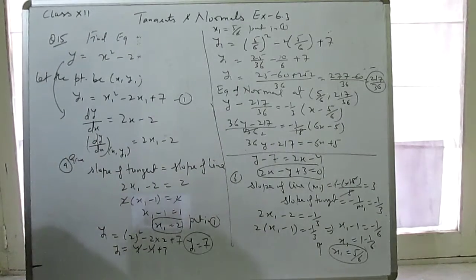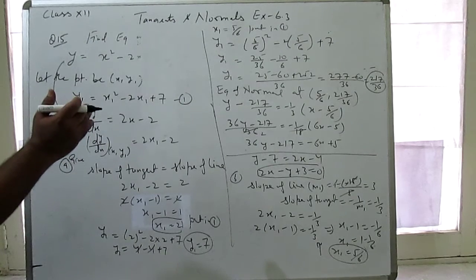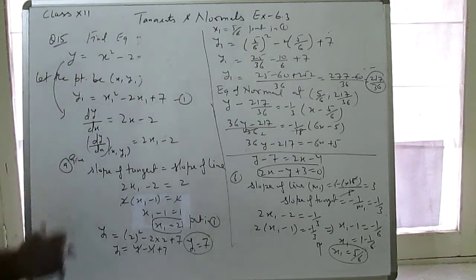Now you can see that it comes to be, 5 को इधर ले आइए तो it is minus 2 and 36y plus 6x plus 220. You can solve.